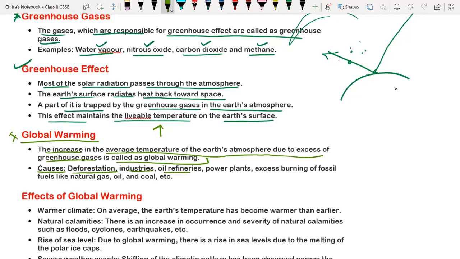Industries, oil refineries, power plants, and excess burning of fossil fuels like natural gas, oil, coal, petrol, diesel, etc. release most of the greenhouse gases, and they have heat holding capacity, due to which the temperature of the atmosphere suddenly rises. It is called global warming.